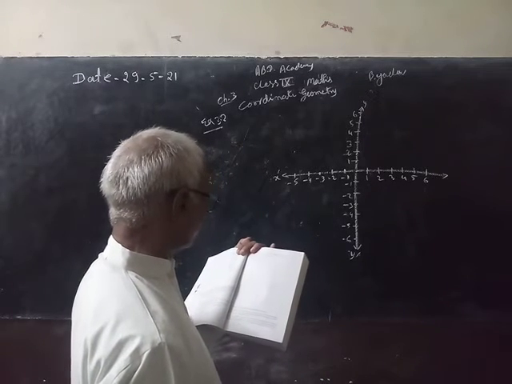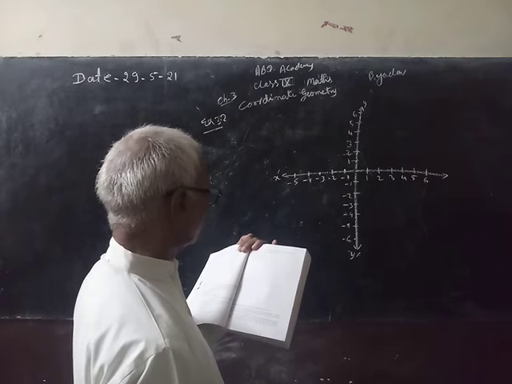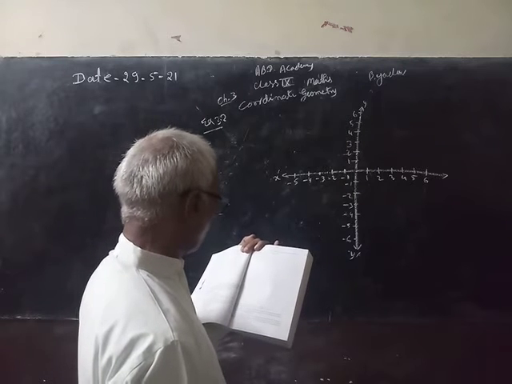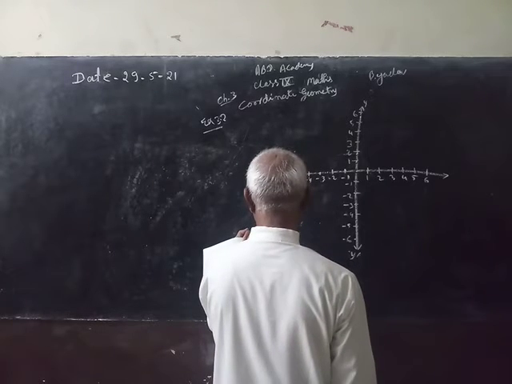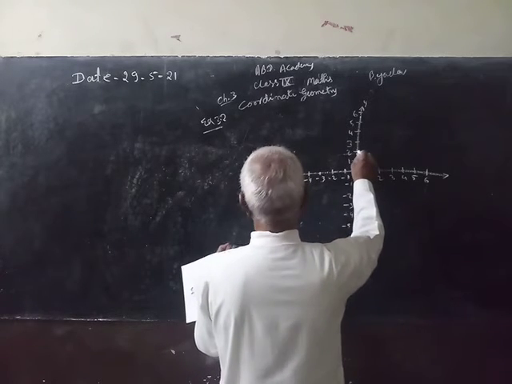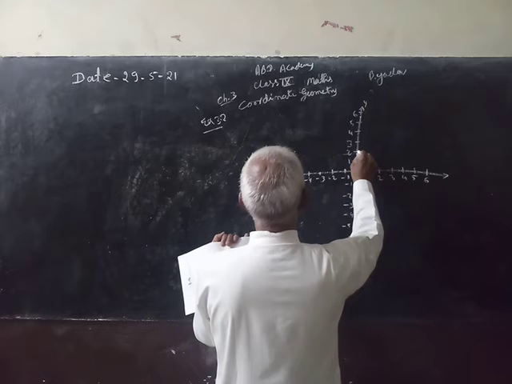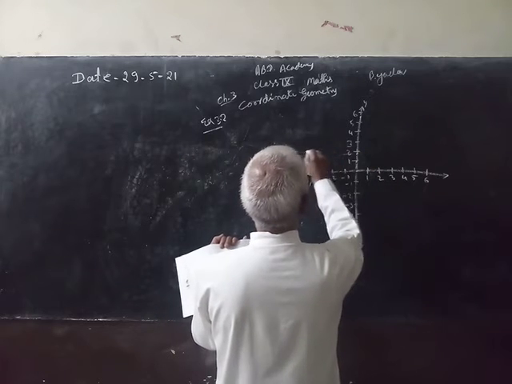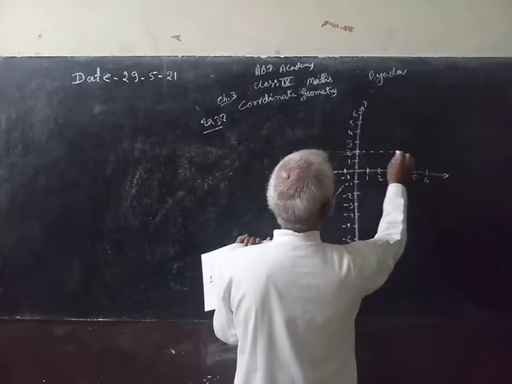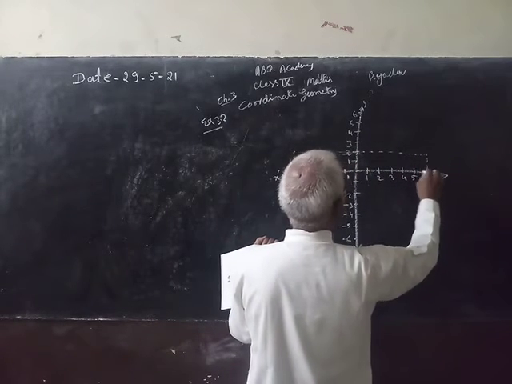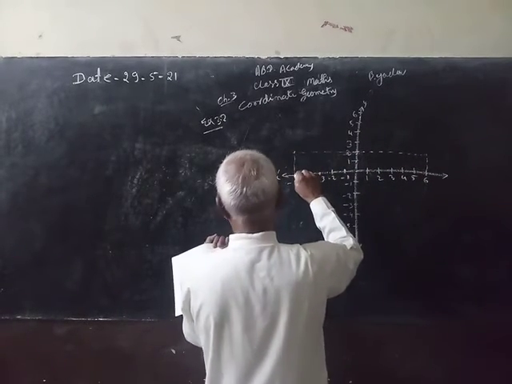Here are points. I am telling you what points are there. From 2, a line goes up to minus 5 and 6. Minus 5 to 6 goes.